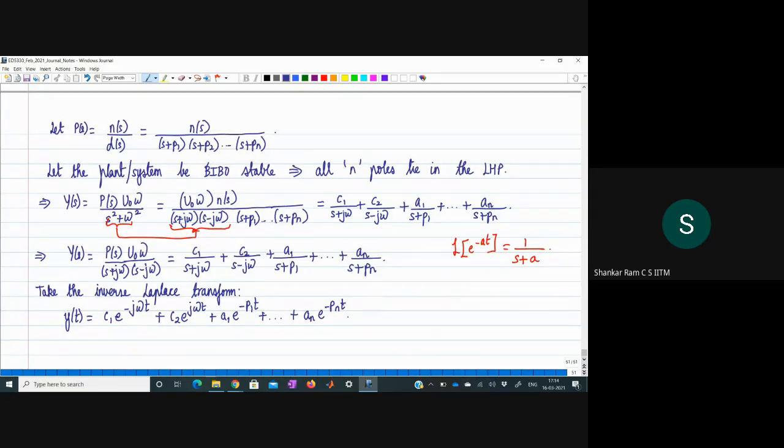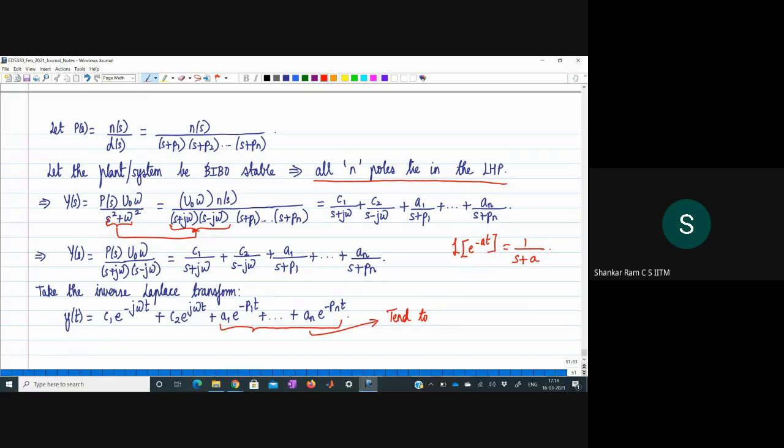Okay, so we can make a very interesting observation, right? What do you think will happen to all these terms involving e power minus T1 t to e power minus Tn t as t tends to infinity? Please note that all n poles lie in the left of the complex plane.